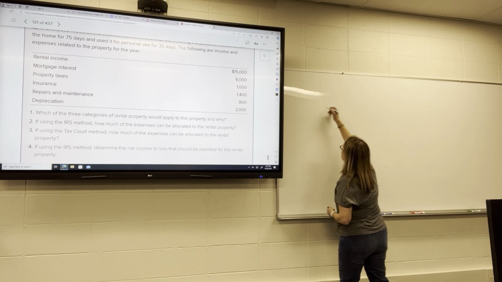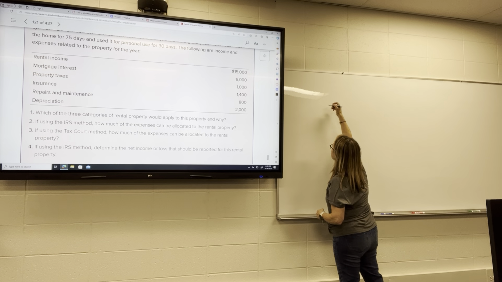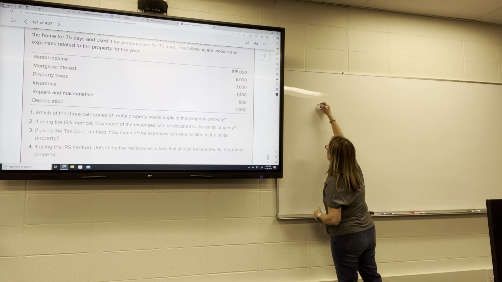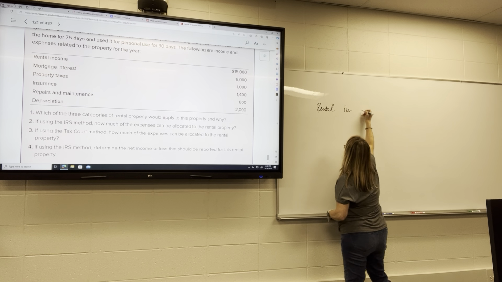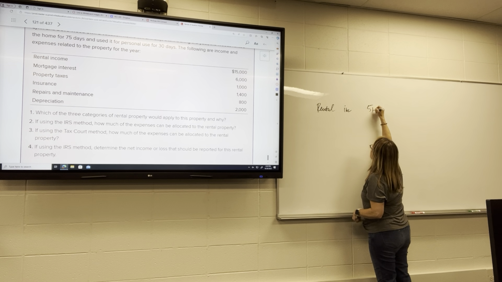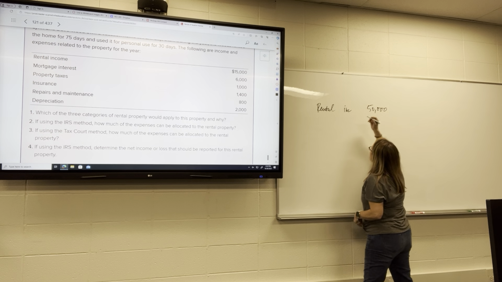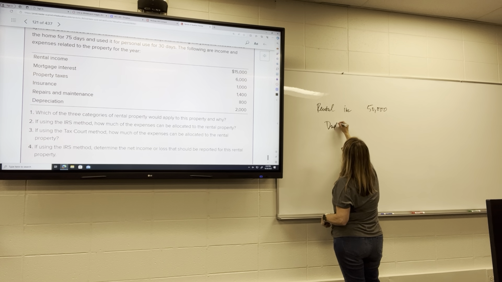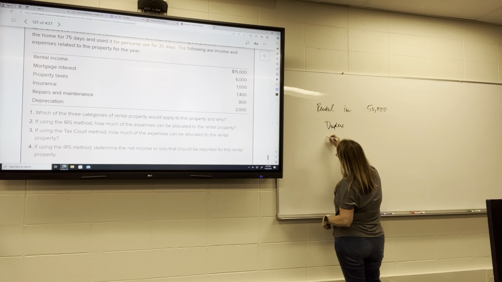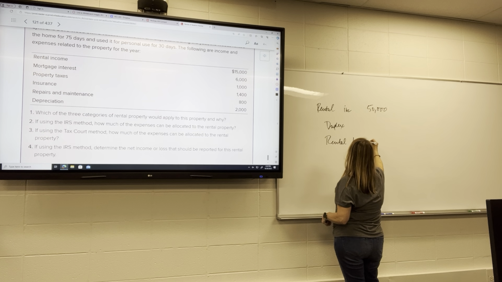So for example, let's say we have a home with rental income of $50,000, and it is a duplex, and the rental portion is 1,200 square feet, and the personal portion is 1,800 square feet.